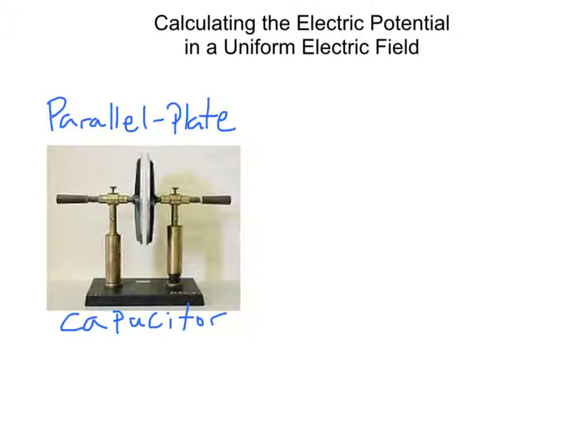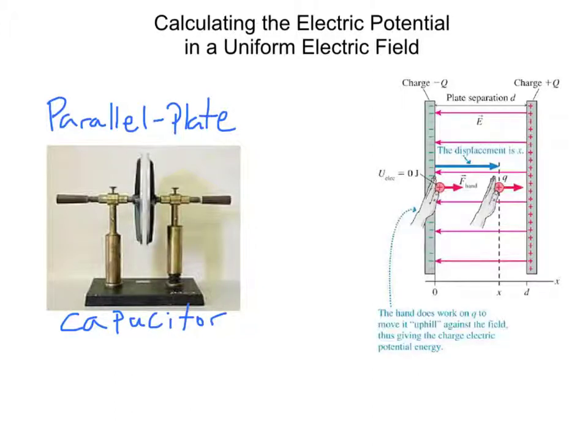Finding the electric potential inside a parallel plate capacitor is equivalent to finding the potential for a uniform electric field, so we're going to use them as an example as we discuss this situation. Keep in mind, though, that what we talk about here applies to any uniform electric field, not just a field inside a parallel plate capacitor.